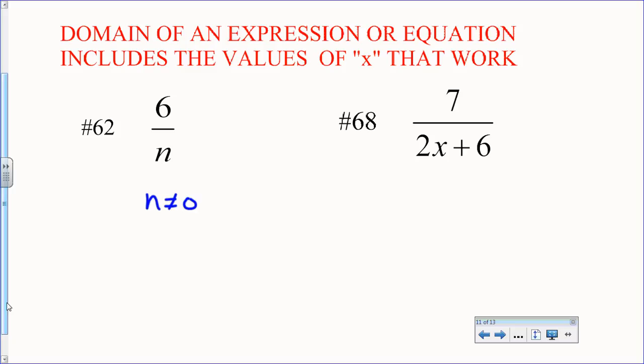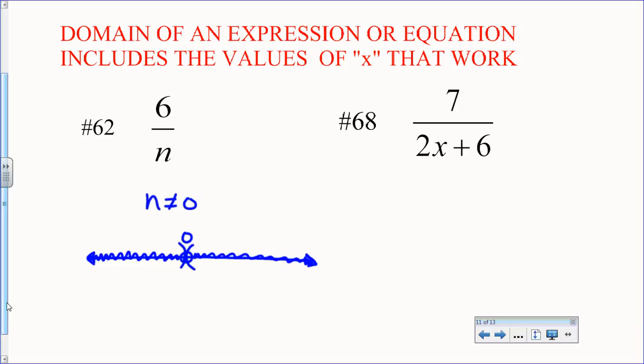Okay, so what I have here is that n cannot equal 0, but n can be anything else. So if I think about that on a number line, what it's saying is that there's a hole right here at 0. So n can be anything here, and also over here. There's a hole at 0. To show that using parentheses, you would have these two open parentheses next to each other.